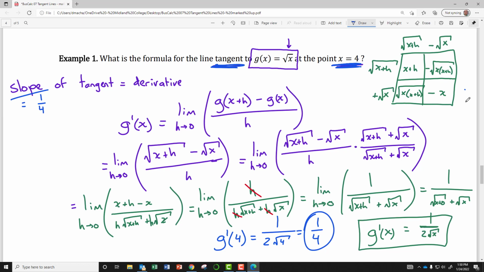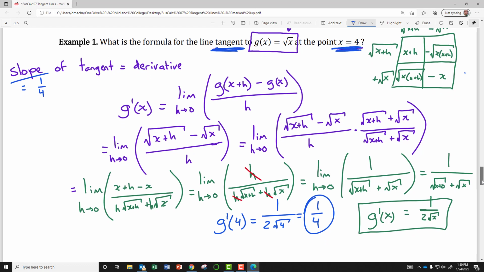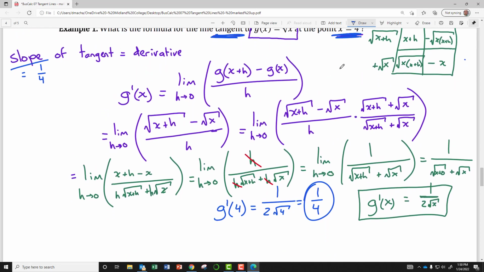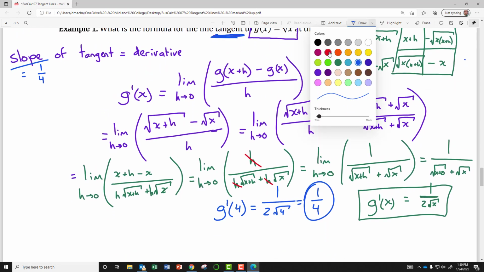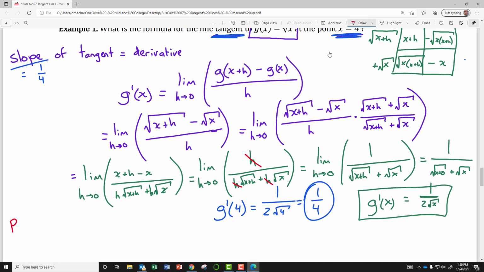Notice that while we found the slope of the line, just knowing the slope doesn't tell you the full formula, but we can actually continue to find the rest of the line too. So I want to remind you, maybe if you've forgotten, that there is something called the point slope form of a line, and it's just an equation where we write y minus y naught equals m, which is the slope, times x minus x naught.